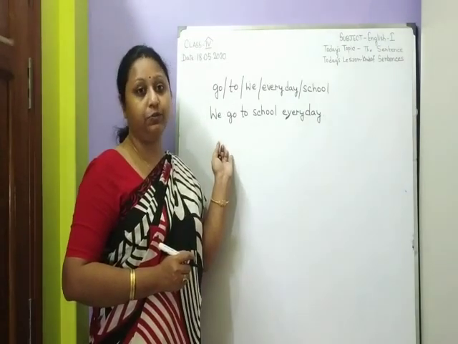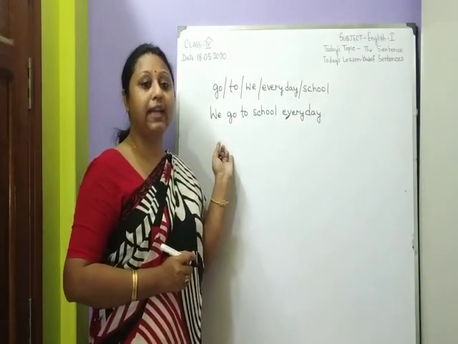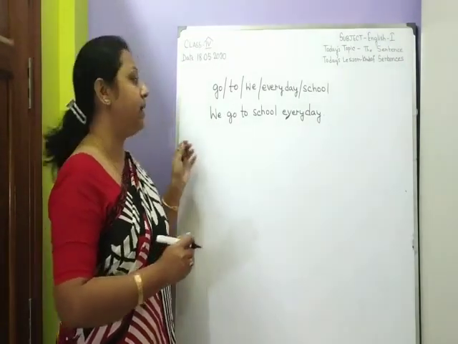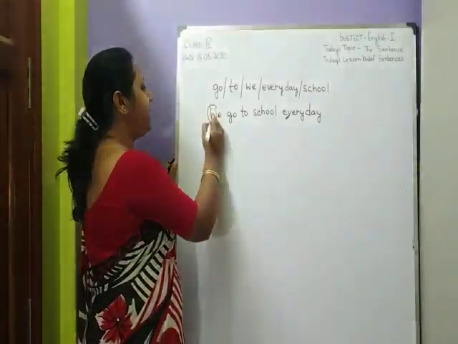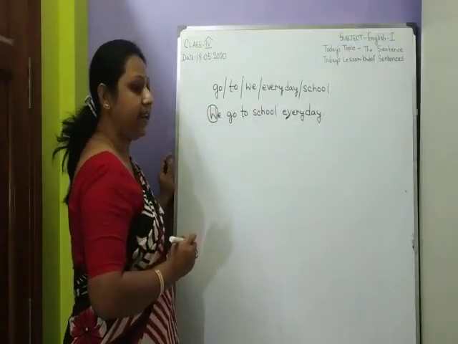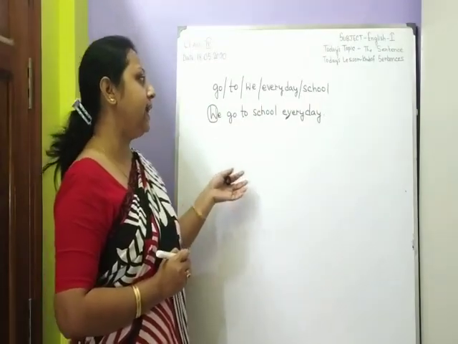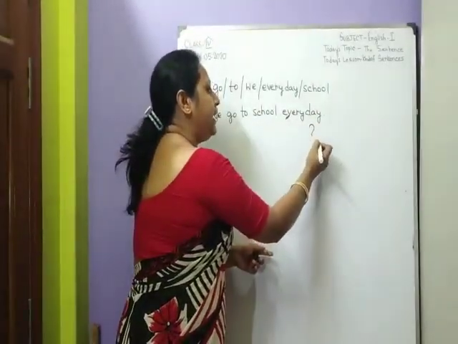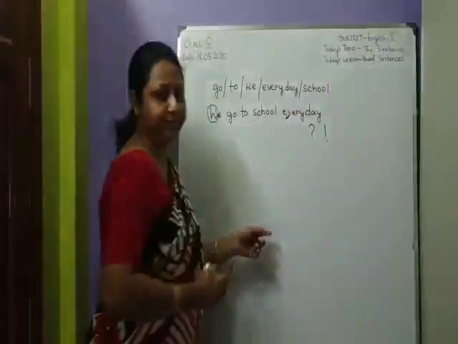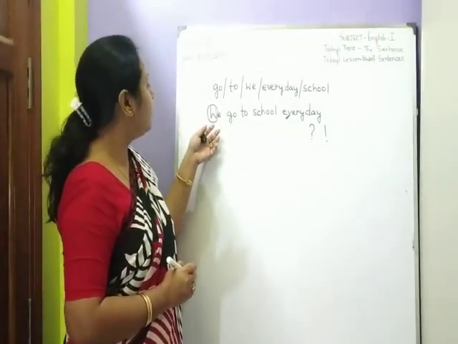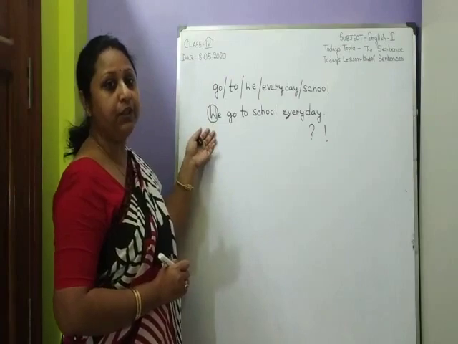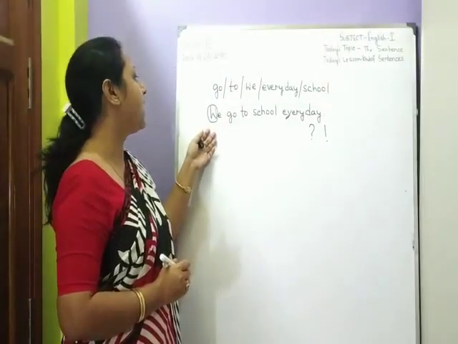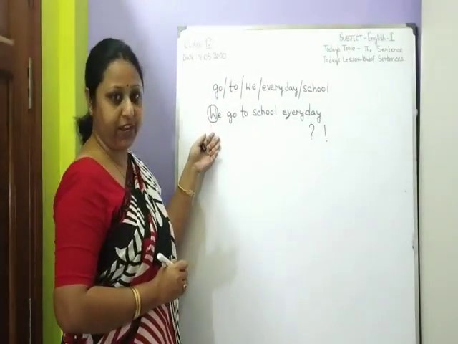In this regard, we must remember that a sentence always begins with a capital letter and ends with either a full stop or a question mark or an exclamation mark. We should also know that a sentence contains a subject.